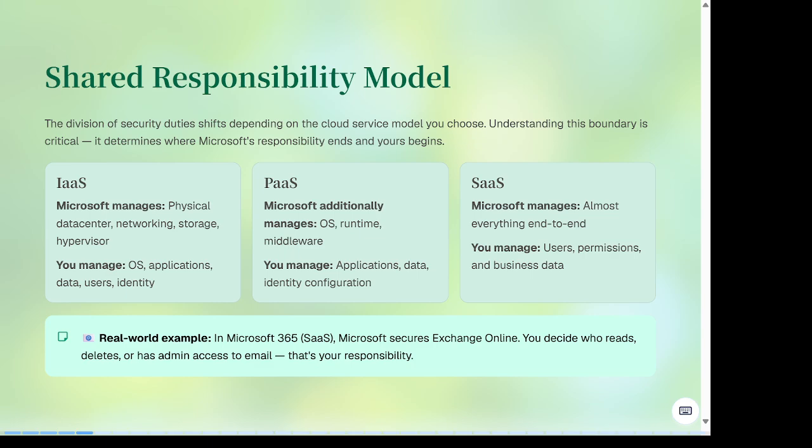Now another question. If you are using Microsoft 365, who patches the Exchange Online servers? You or Microsoft? Yes, that's right, Microsoft, because Microsoft 365 is SaaS, software as a service.